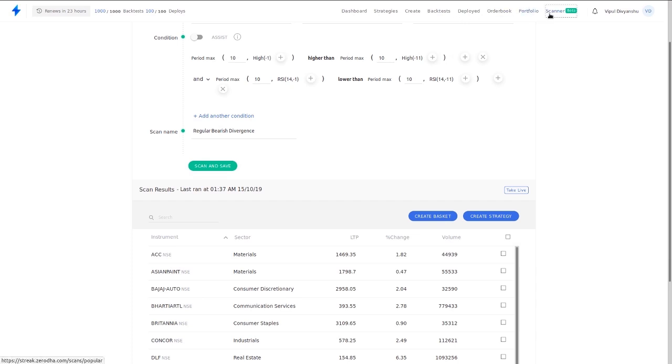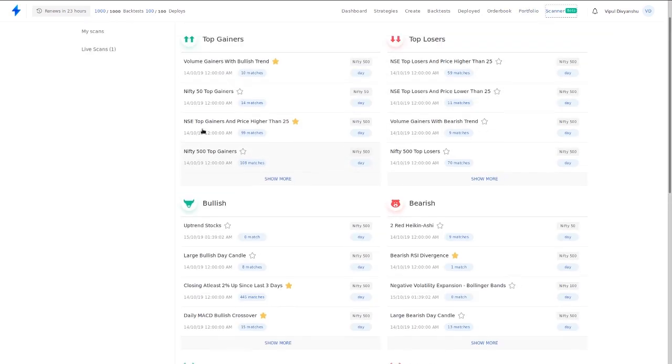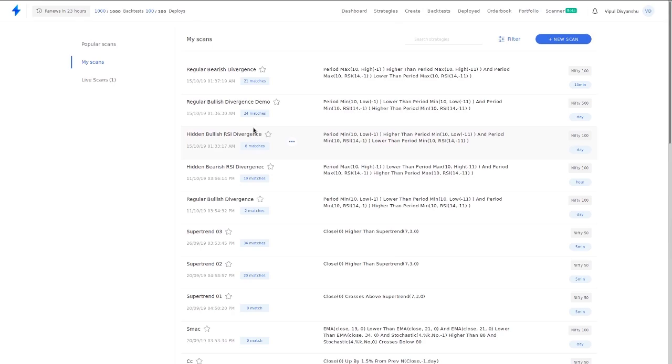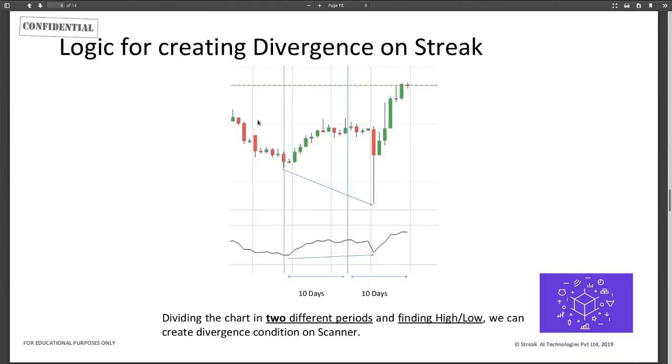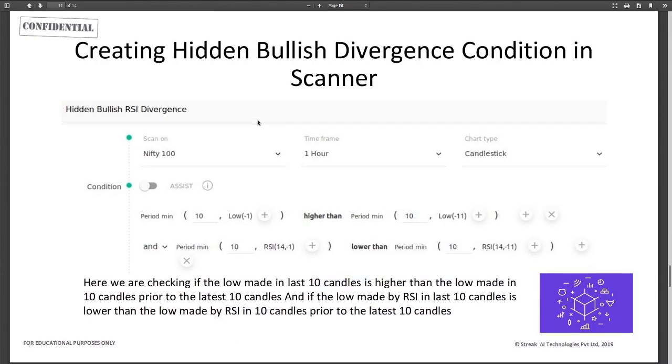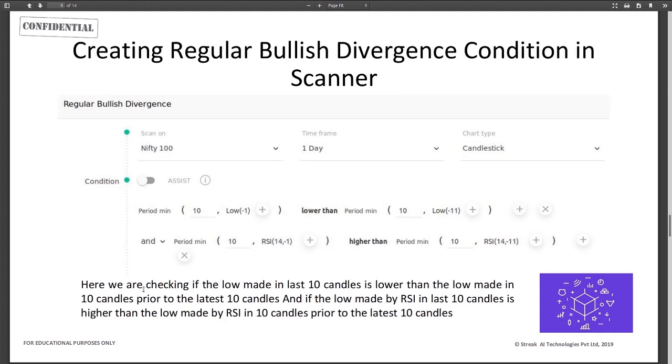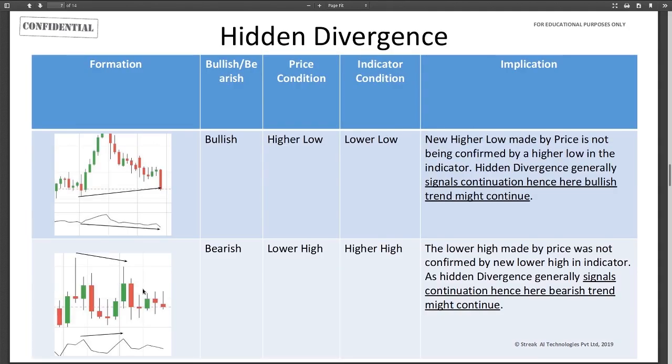Let me quickly open the other ones which we have. So these are regular divergences. Let's look at how hidden divergence looks in the chart. The concept is again very simple. You use period min to identify any higher low which is being formed, and then you use a similar concept, another condition, to identify a lower low formed by the indicator.